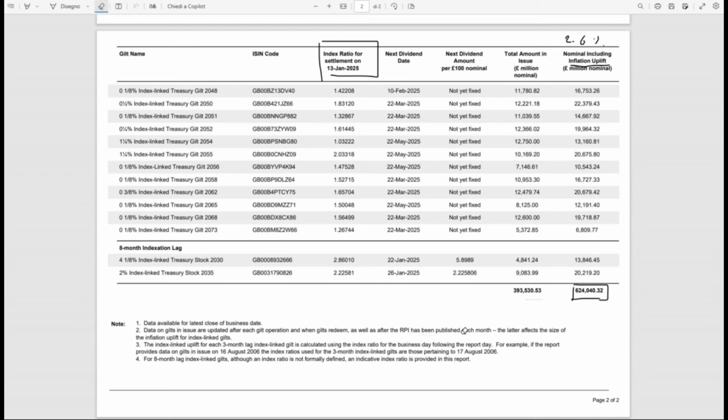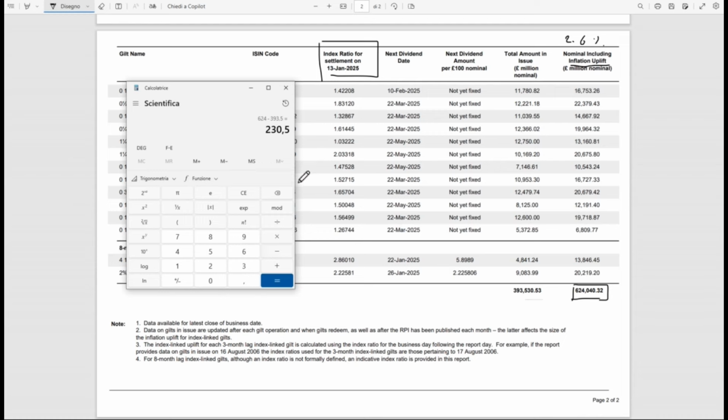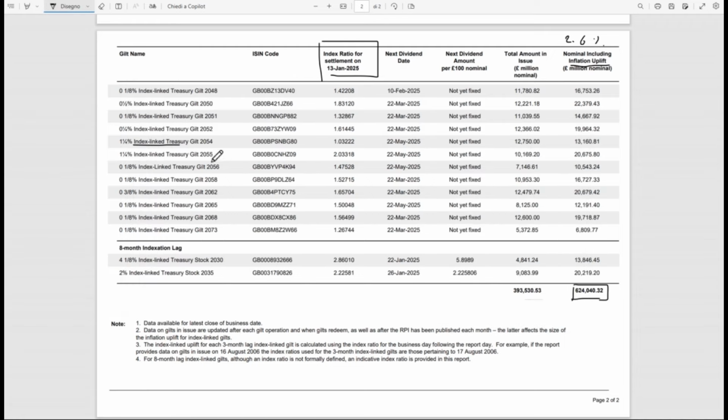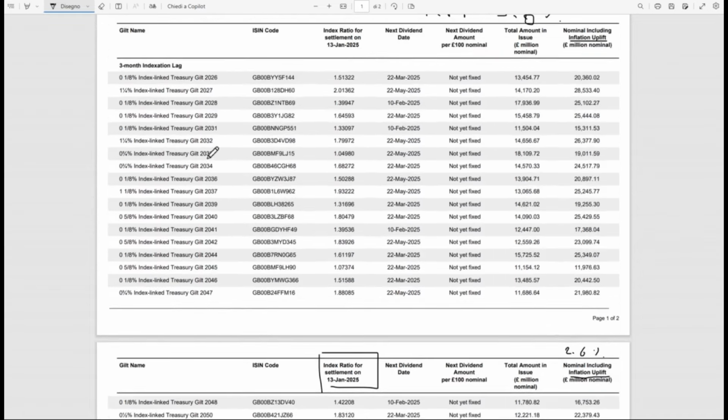Because you have 230 billion in excess cost of servicing the debt, as inflation goes higher and higher, and these are all long duration. The maturities are 2050, 2048, 2068, 2030. So 2027, and already it costs you double.